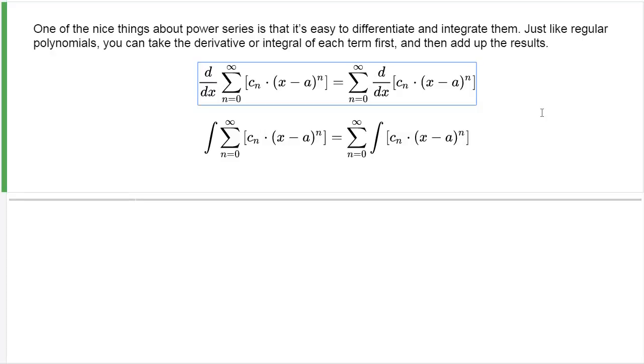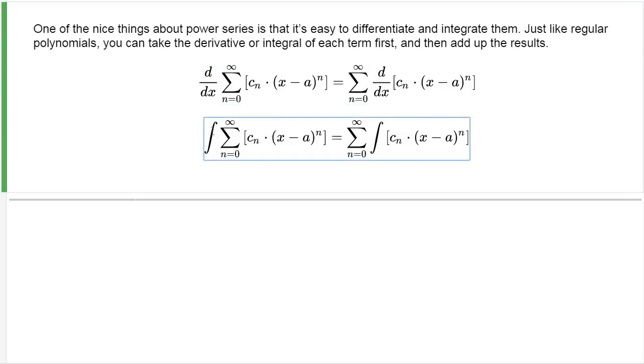Now, it doesn't work for every single series out there, but for power series it does. Same thing with integrals. If you want to integrate a power series, and I just realized I forgot the dx, I'll have to add that later. Well, you can interchange the sum and the integral, so you can integrate each piece one by one.